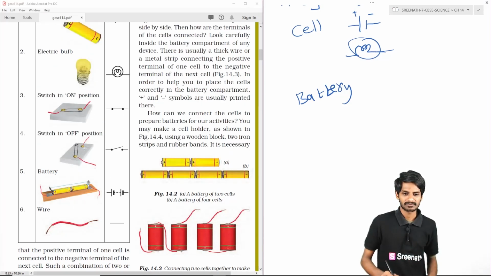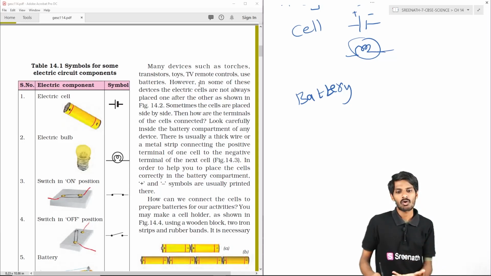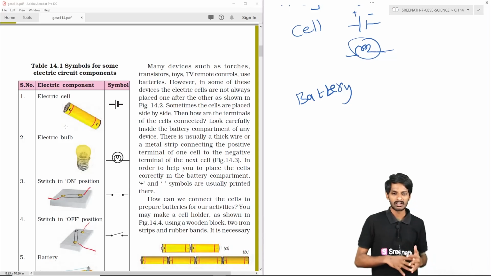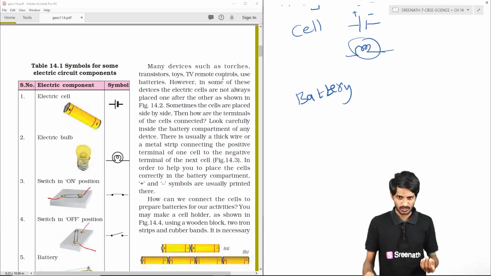Many devices such as torches, transistors, toys, and TV remote controls use batteries. If you place a single cell, they won't work. They need more cells, which we call a battery. So they need a battery, students.